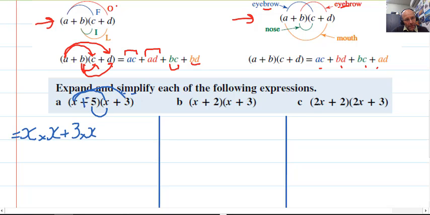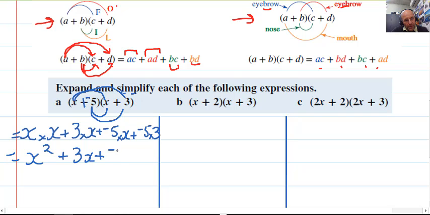Now remember, that's plus -5. So we've got -5 times x, and then second by second, -5 times 3. Remember from my previous videos, it's handy to change all minuses to plus negatives. So we got x times x is x squared, 3 times x is 3x, -5 times x is -5x, plus -5 times 3 is -15.